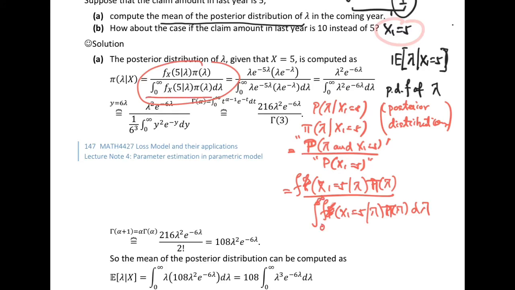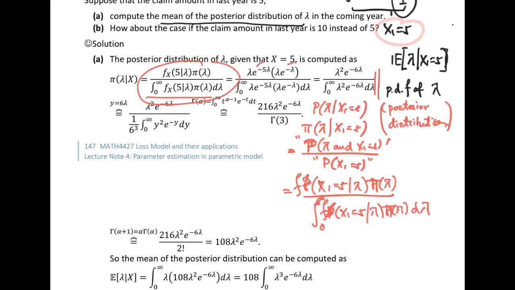To do the computation, first you substitute the PDF as well as the prior distribution. After a little bit of algebra, this is the expression you have to handle.